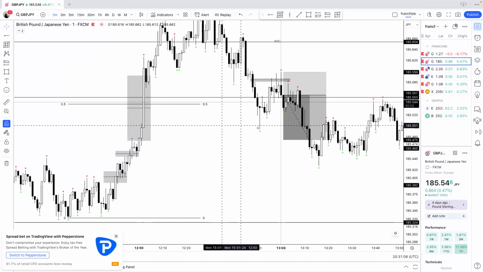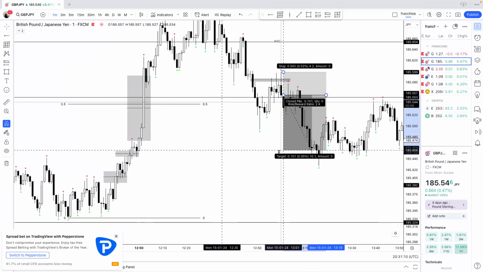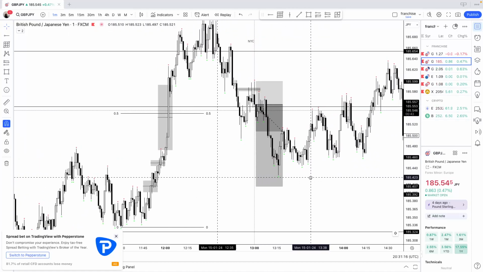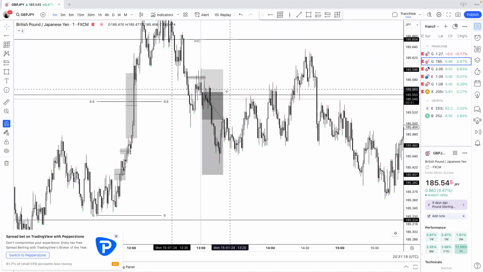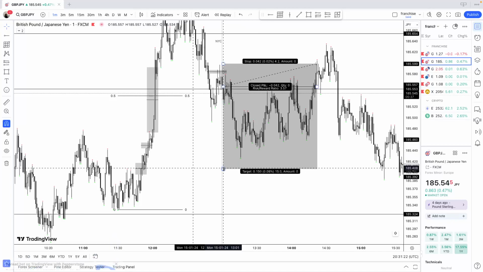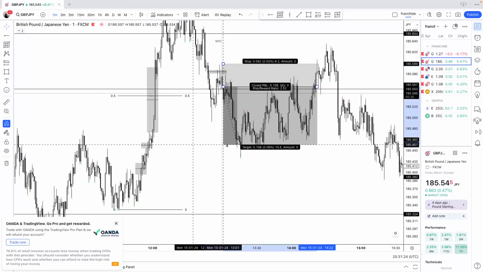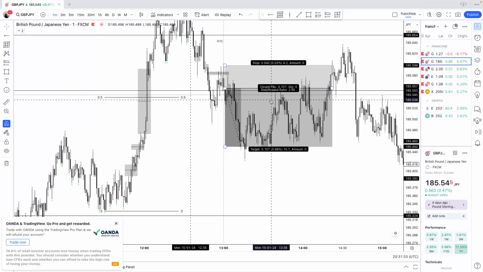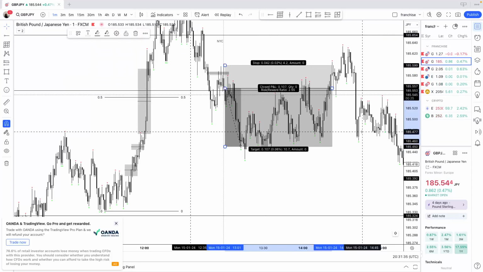This target would have already been taken, so we've targeted that for a 2.5R, 5.5R, and that for a 3.something R. As you can see, TP1 gets hit for a 3R. You'd have put your stops to break even.